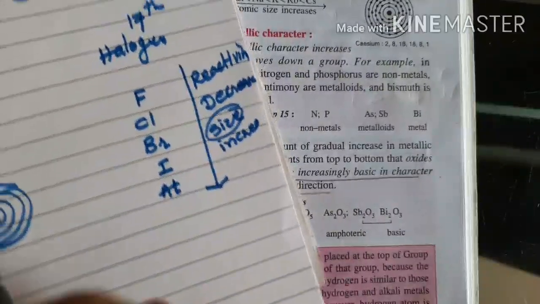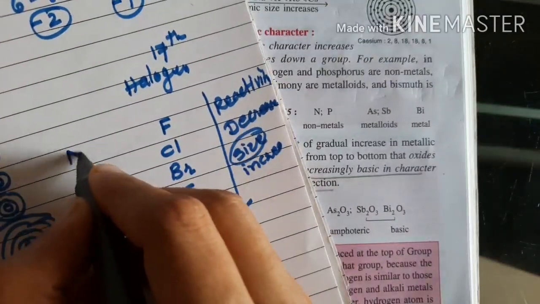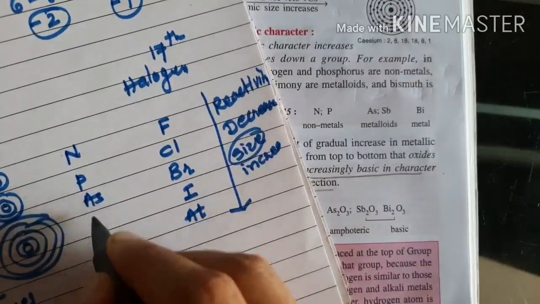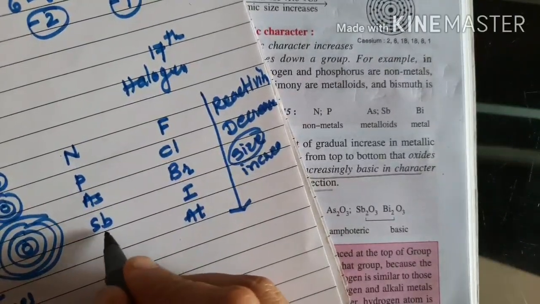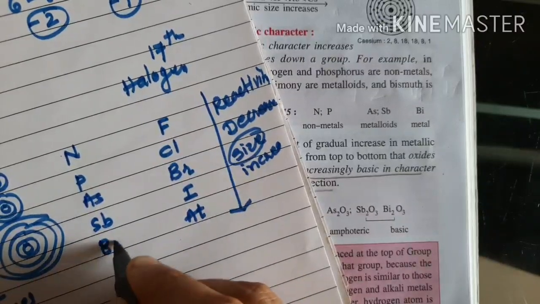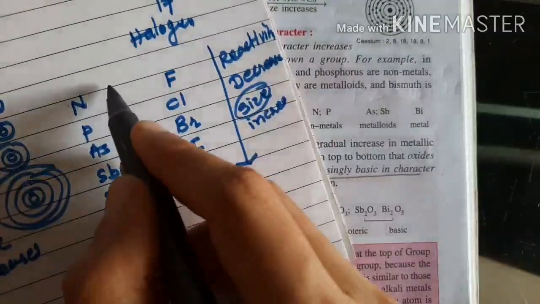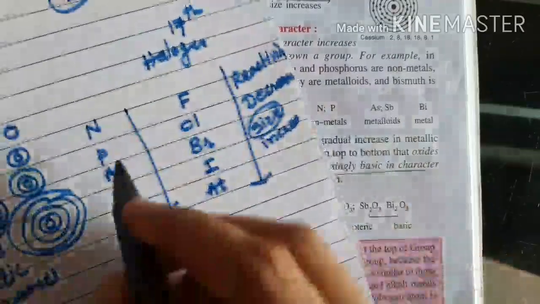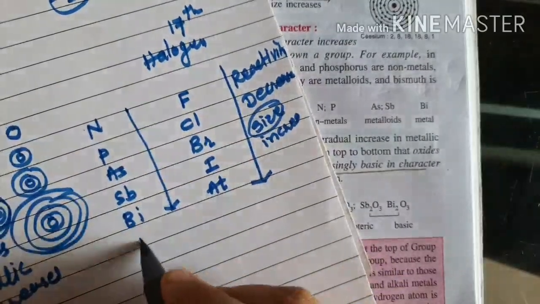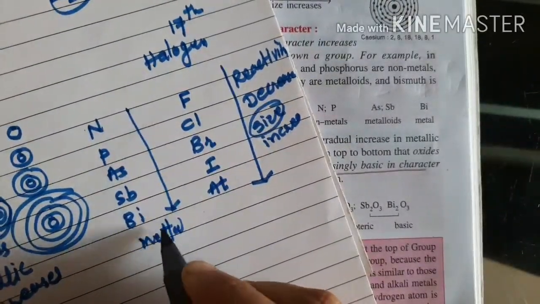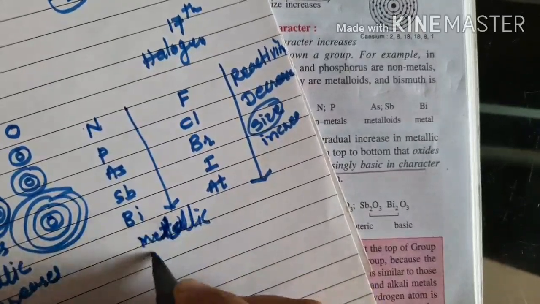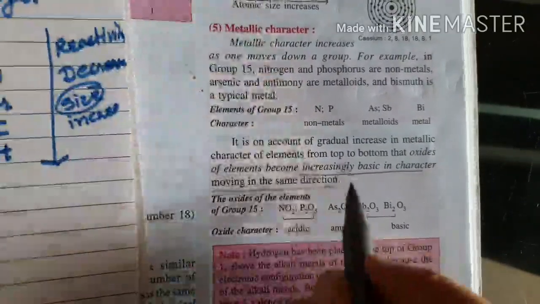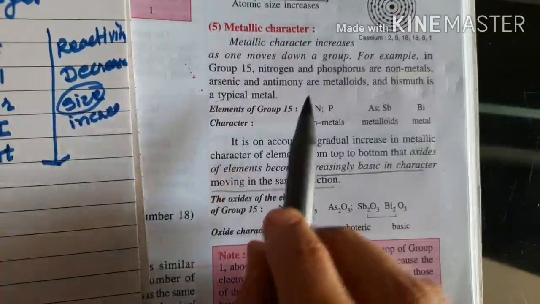So let us take group 15, which are nitrogen, phosphorus, arsenic, antimony (Sb), and bismuth. So down the group, the metallic character is increasing.